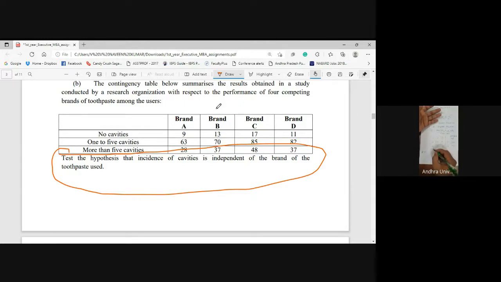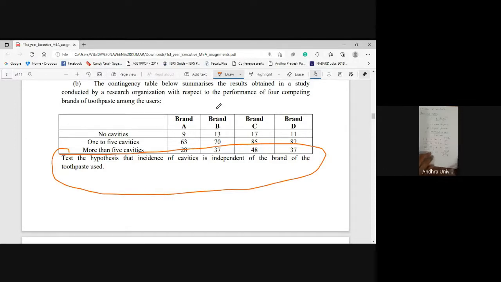Similarly, what is the first column total? 100. Second column? 120. Third column? 150. Fourth column? 130. Now, what is the grand total? Whether you take the rows total or the columns total, you will get the same, 500.